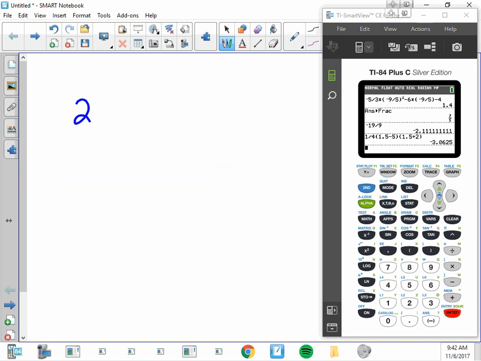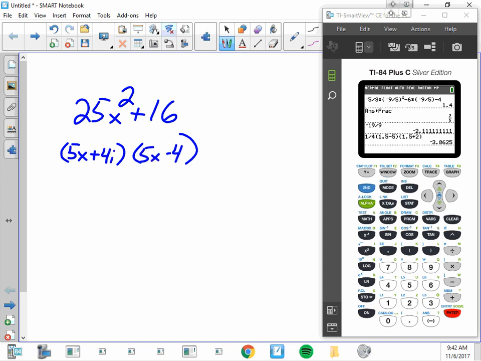What if I had 25x squared plus 16? What would the factors be? 5x plus 4i, 5x minus 4i, and the roots are going to be x equals plus or minus 4i over 5, or 4/5 i.